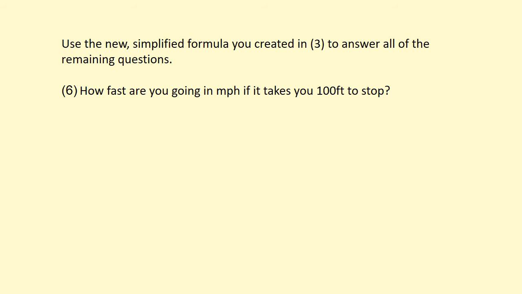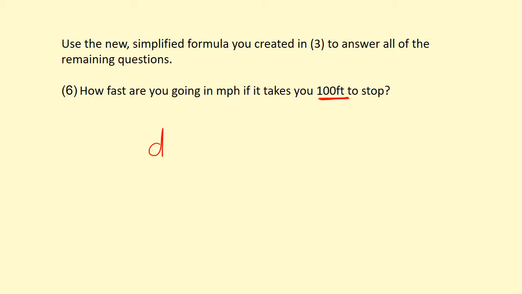All right, so this one is a little trickier. It may not be as straightforward as it may first appear. So here's what I'm getting at. Look at what we're given here. We're given this distance of 100 feet. Recall that feet shows up twice in this formula.